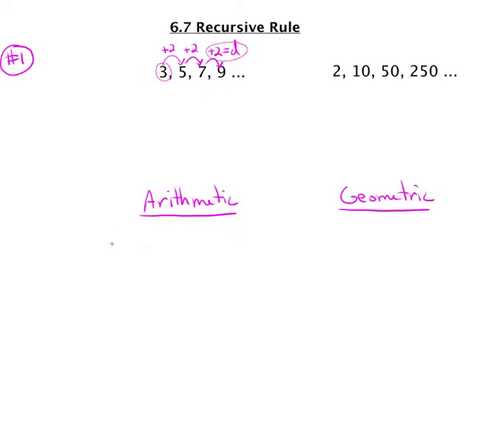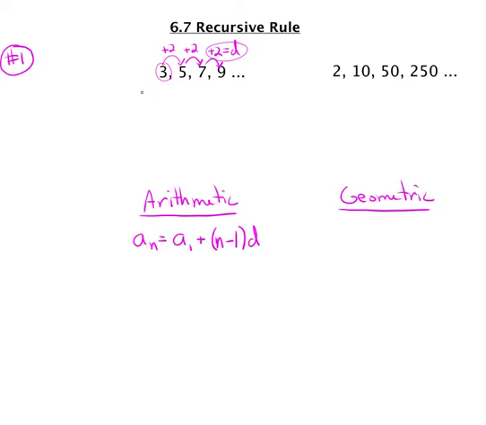Now we can use that to write the equation that we've been working with. The regular form is a sub n equals a sub 1 plus the difference times that number minus 1, so 1 less than the number of the term that we want in our sequence.